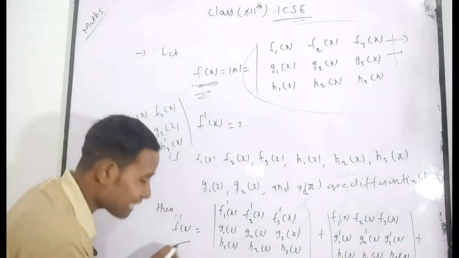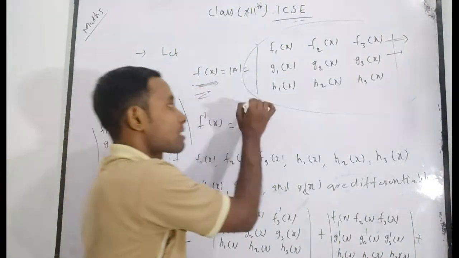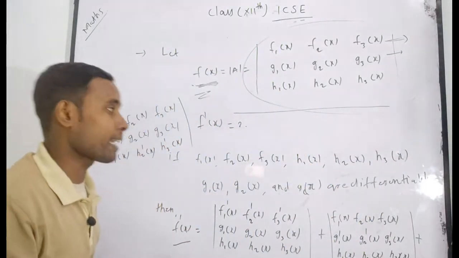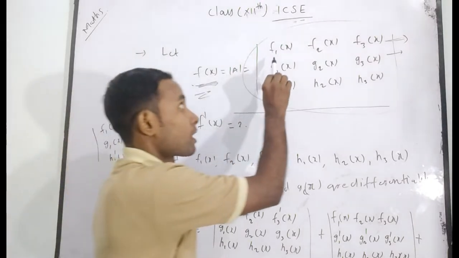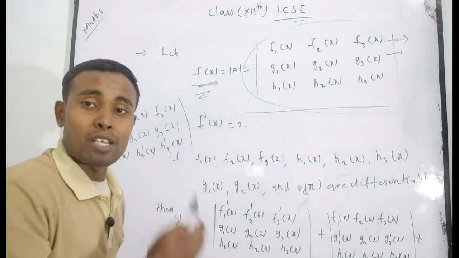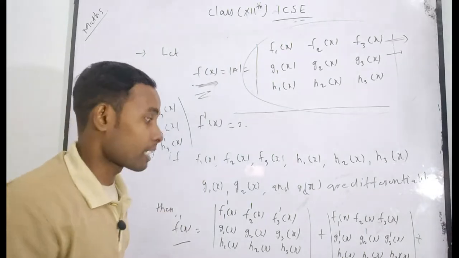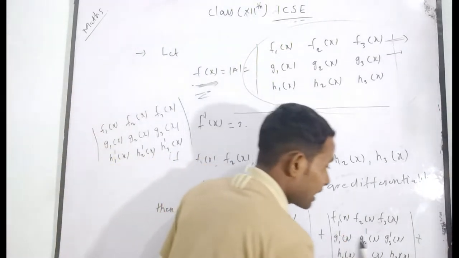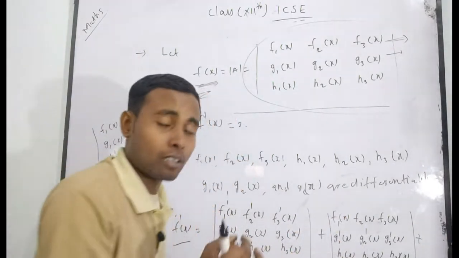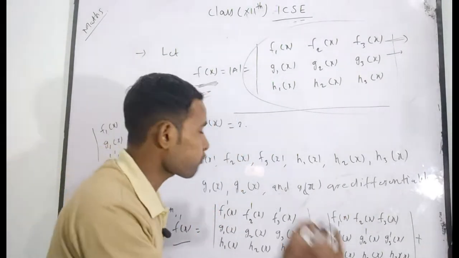That means f dash x, if you have to differentiate this determinant, then firstly differentiate the first row functions and take the remaining second and third row functions the same. Again differentiate the second row functions, taking the remaining first and third row functions the same.